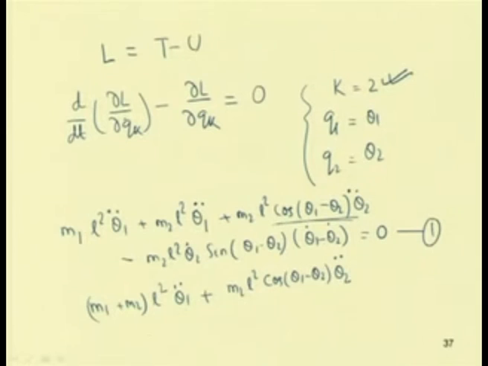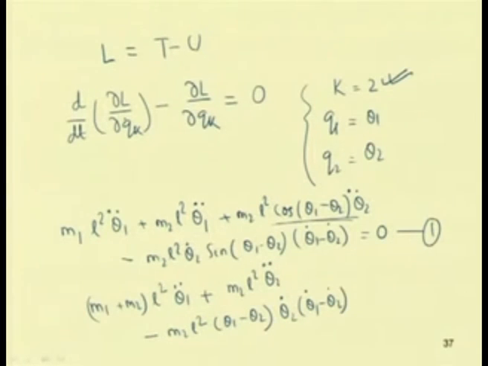Then the sin of theta 1 minus theta 2 one can also expand. So, this is m2 L square. One can see this term, theta 1 minus theta 2, and if I take this small also, this becomes theta 2 double dot minus m2 L square, theta 1 minus theta 2, multiplied with theta 2 dot, multiplied by theta 1 dot minus theta 2 dot.